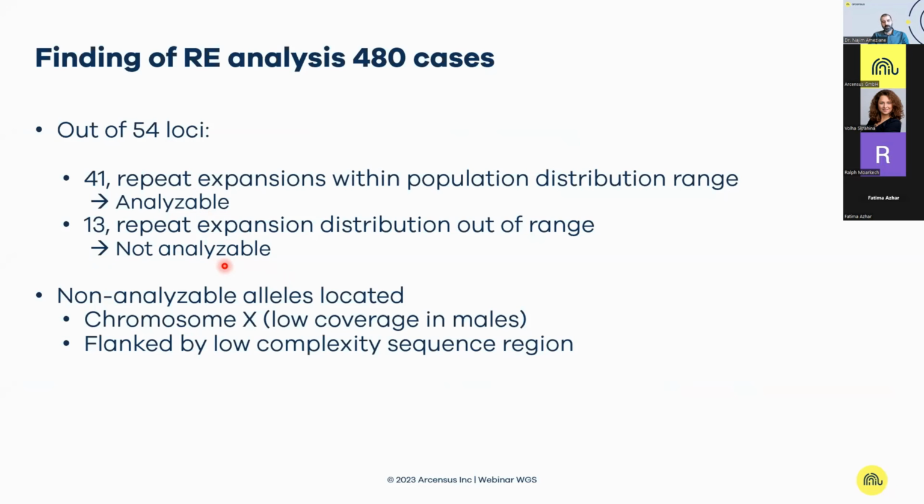The other observation that we made is that those loci usually are flanked by low complexity sequence regions, which make the sequencing of those regions difficult with whole genome sequencing. And when you have low complexity sequence regions, it also results in lower coverage. So most likely, the cause for not being able to properly analyze some of those repeat regions is low coverage.